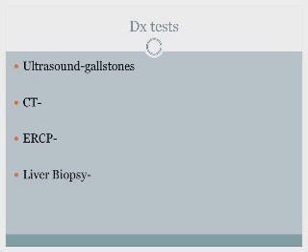The CT scan is good to see if there are any liver or pancreatic masses. It allows you to see any varices, as well as to see if there's any splenomegaly. The ERCP is another one to see if there's any common bile duct obstruction or stones. And a liver biopsy, which is the gold standard. They'll go in and take liver tissue and send it to a pathologist, and the pathologist will confirm that the liver is cirrhotic.